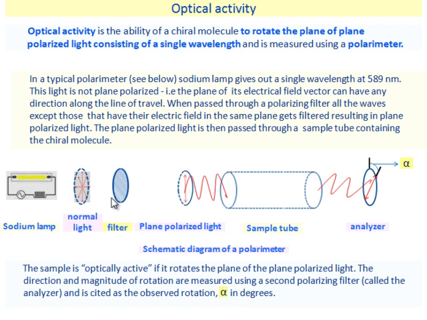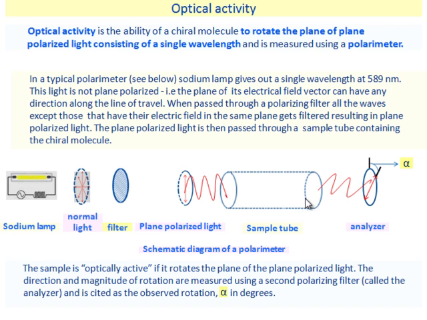When passed through a polarizing filter, all the waves except those that have their electrical field in the same plane get filtered, resulting in plane polarized light. The plane polarized light is then passed through a sample tube containing the chiral molecule.